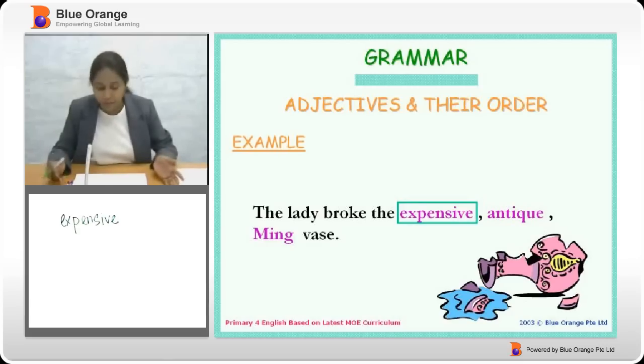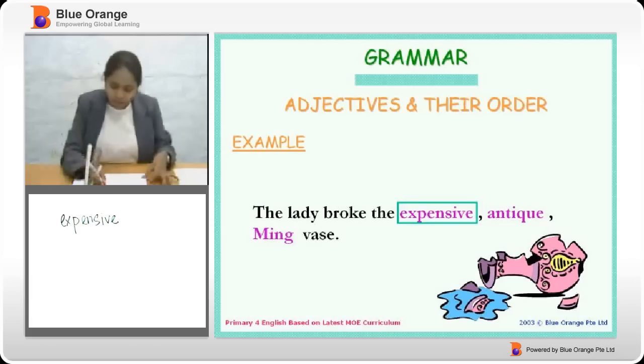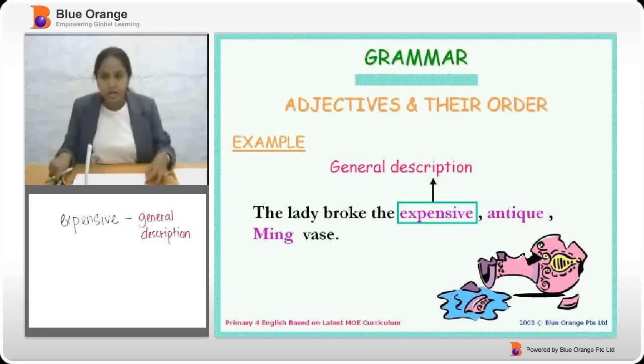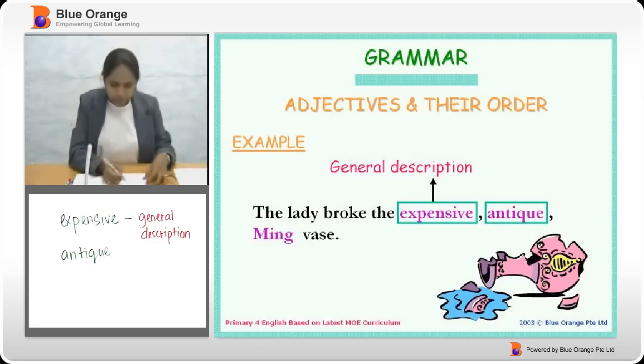We don't know the actual cost. So this is an adjective of general description. That means it just gives you an overall description, not specific.